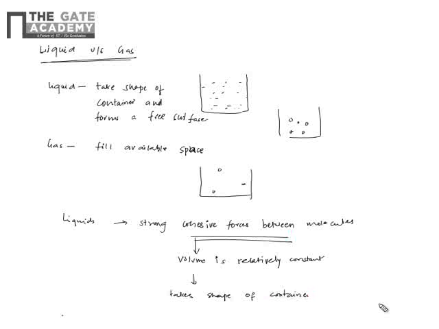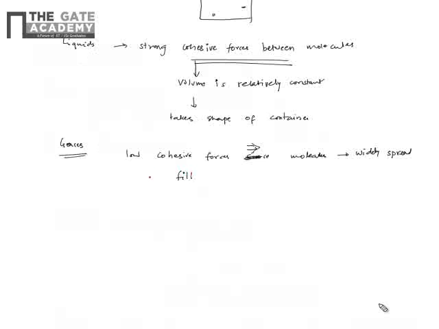Whereas in gases the cohesive or intermolecular forces are very low, because the molecules are widely spread. Because of the low cohesive forces, the molecules are widely spread and they fill the available space.